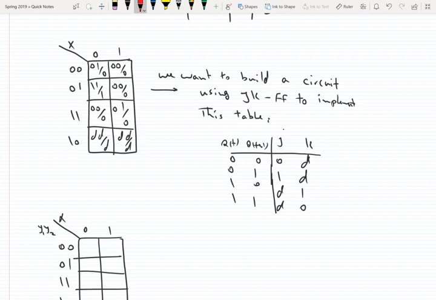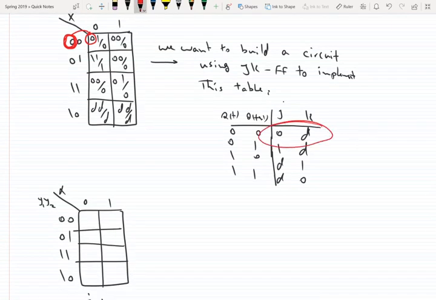Y1 is 0, and it remains 0. So the JK is 0D. The next part, Y1 is 0 and again remains 0. So we will have 0D. Y1 is 0, changes to 1.